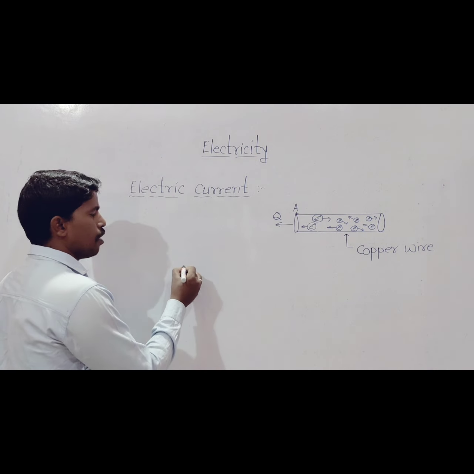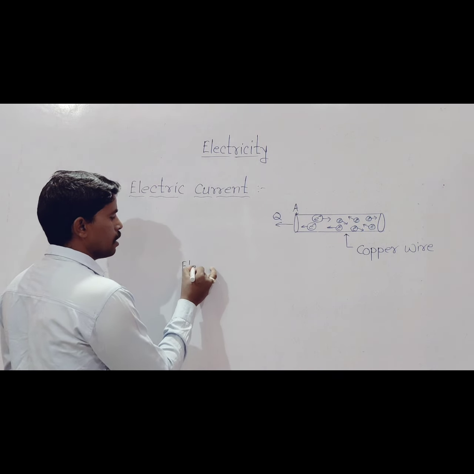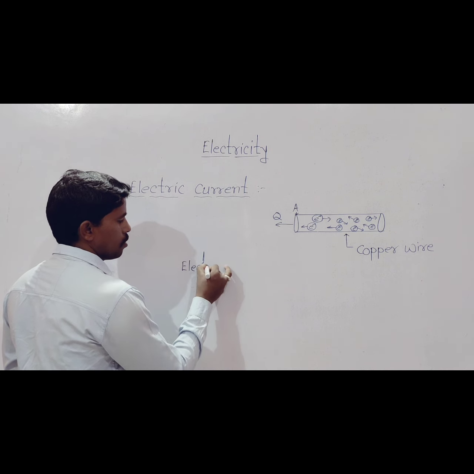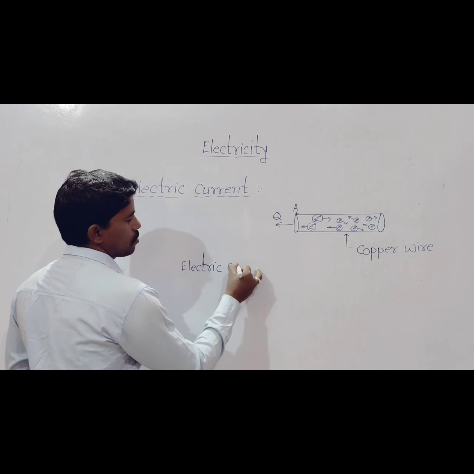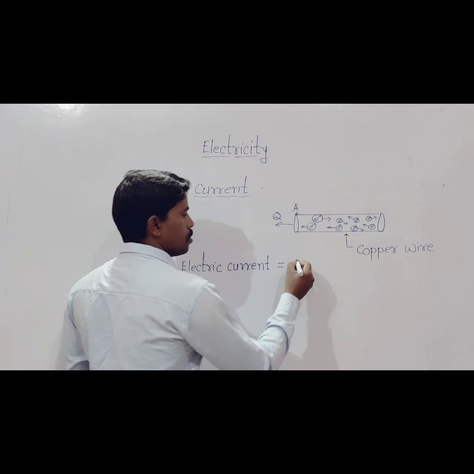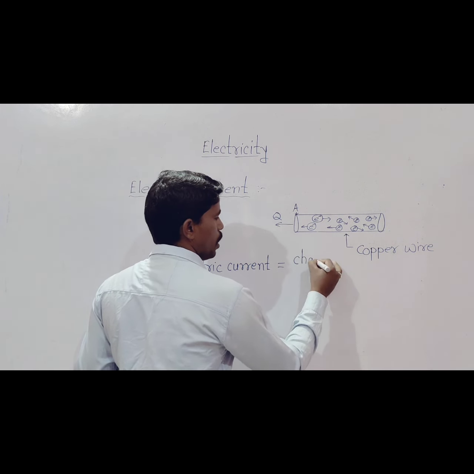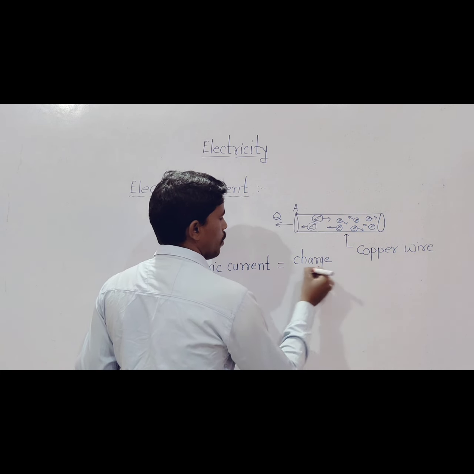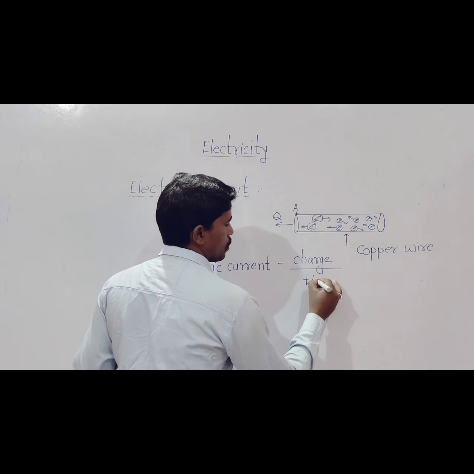Here we can write the formula, that is electric current is equal to the amount of charge divided by the time.